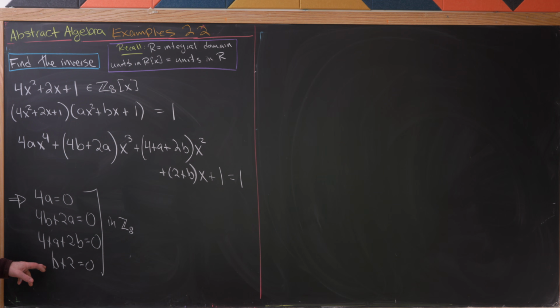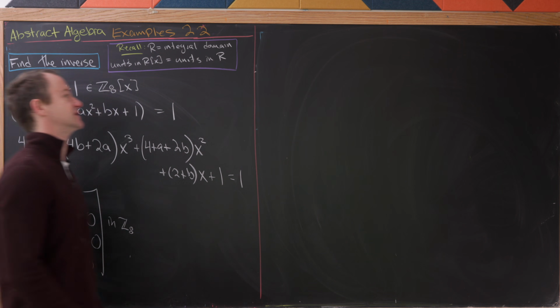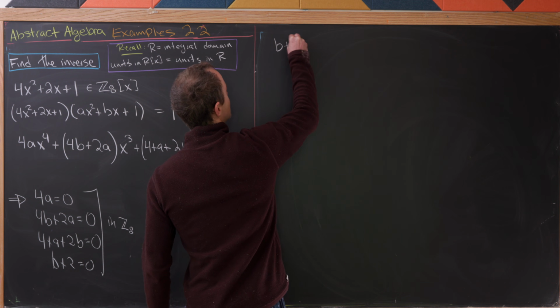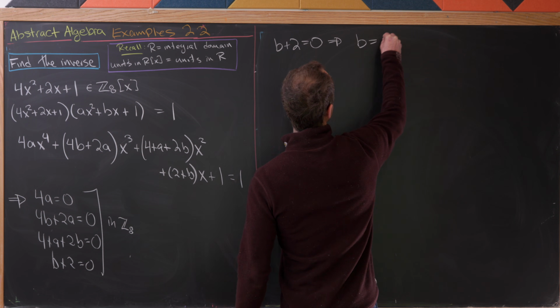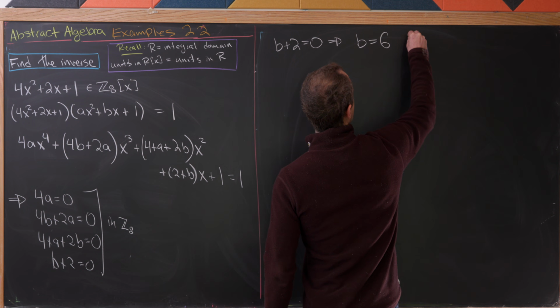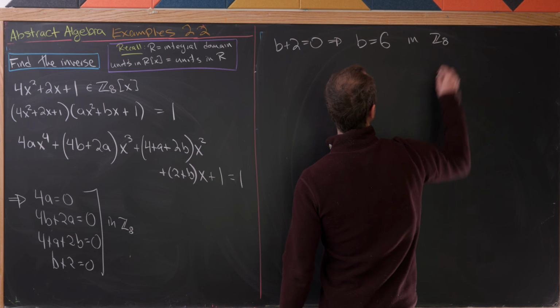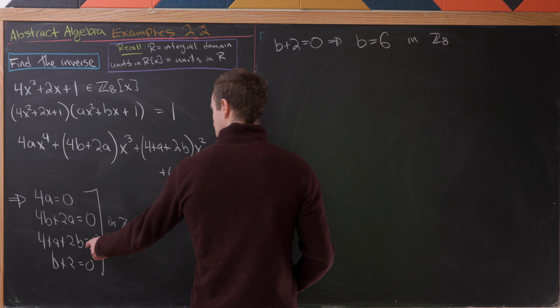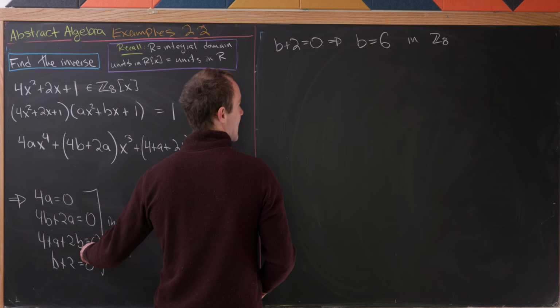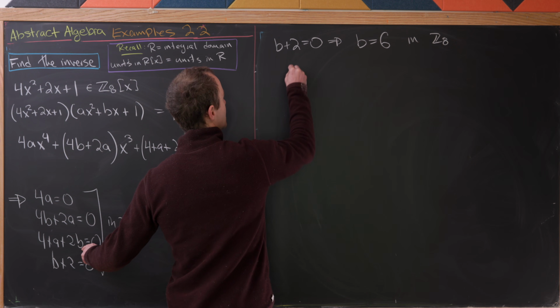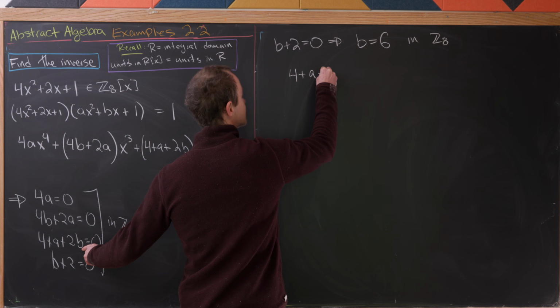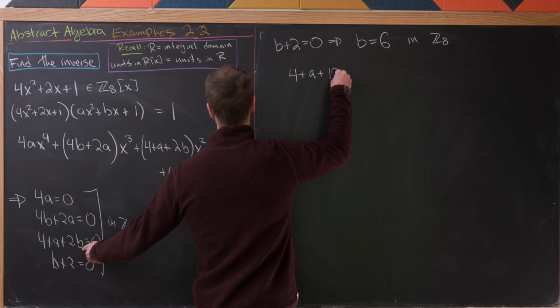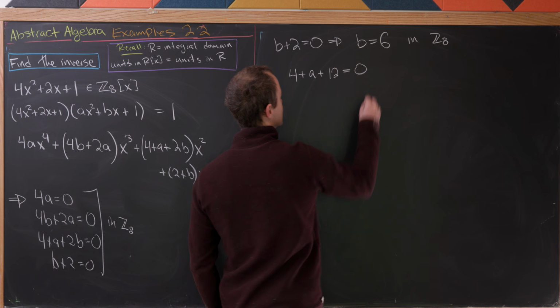Okay, so now let's see if we can solve this. And I think we can fairly easily, using the fact that b plus 2 equals 0. Since b plus 2 equals 0 inside of Z8, that means b equals negative 2, but negative 2 is equal to 6 inside of Z8. Now we can plug that in to get what a has to be. So we have 4 plus a plus 2 times 6, which is 12, equals 0.